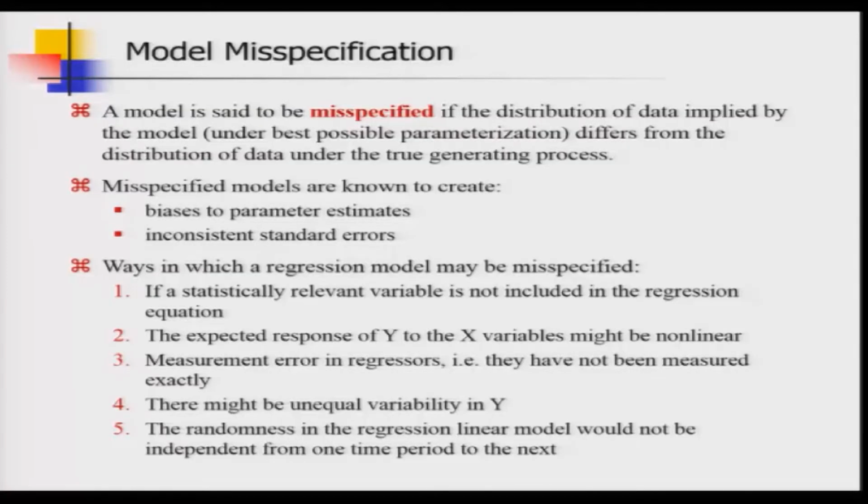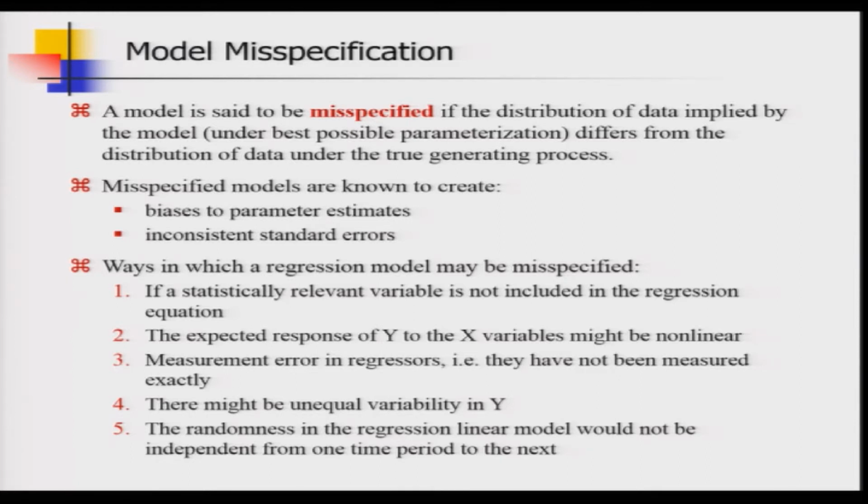Bias is basically the difference between the true population parameter value and the mean of the estimator that you get from your OLS technique or whatever technique you are applying to draw statistical inference from real life data. And secondly, misspecified models are also going to create inconsistent standard errors.